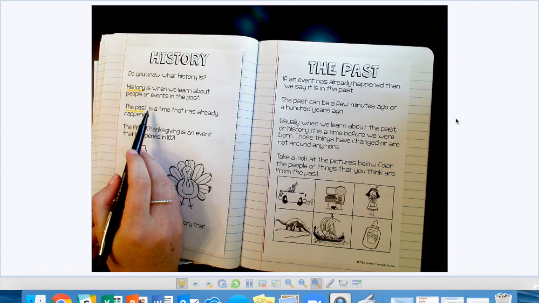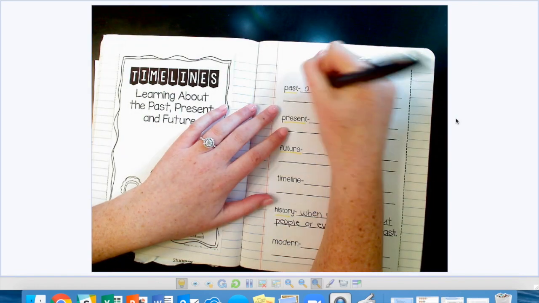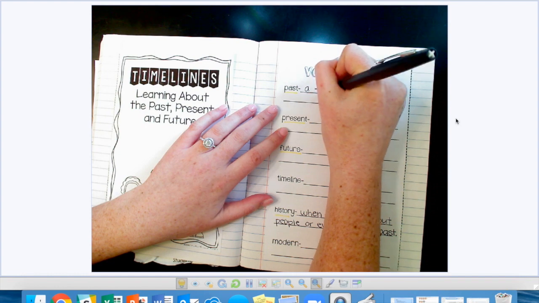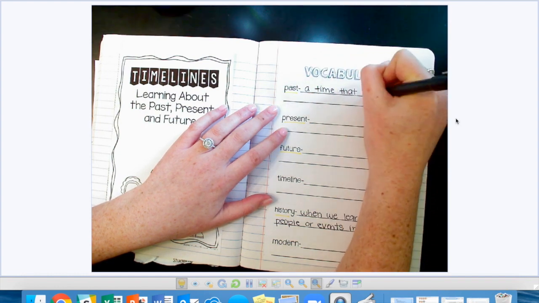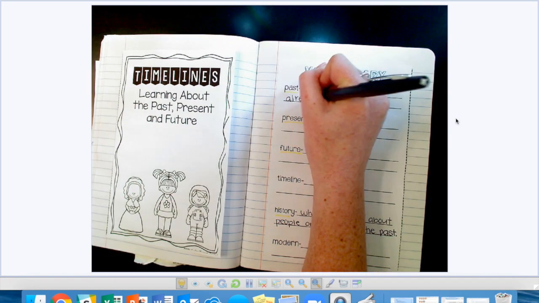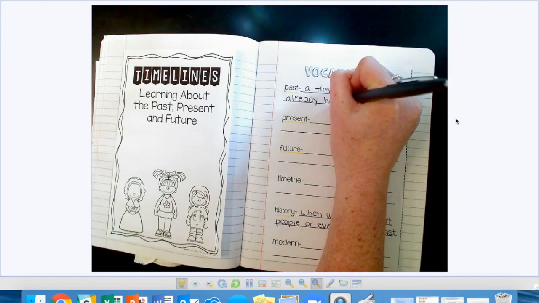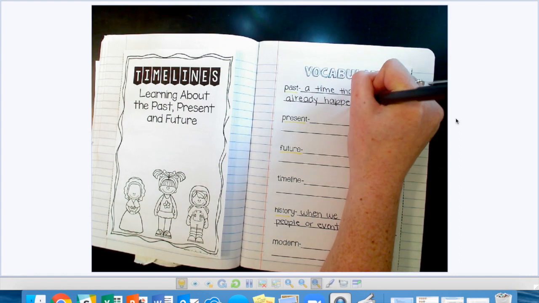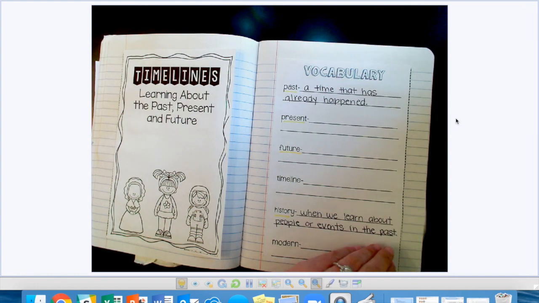We also saw the word past, a time that has already happened. So as you're reading, you can fill in your vocabulary.